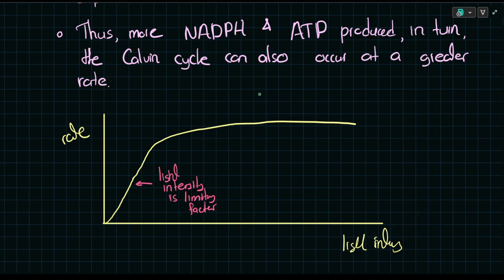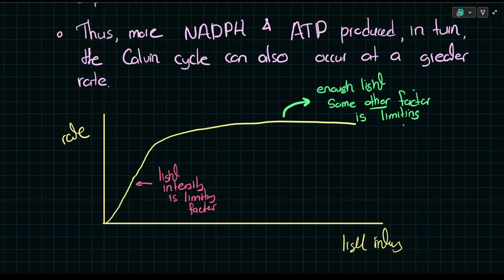The reason being, around these areas, we have enough light, enough and more light. So what happens? Some other factor becomes limiting.